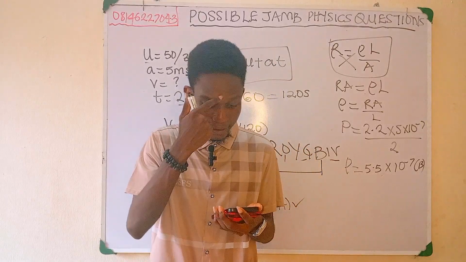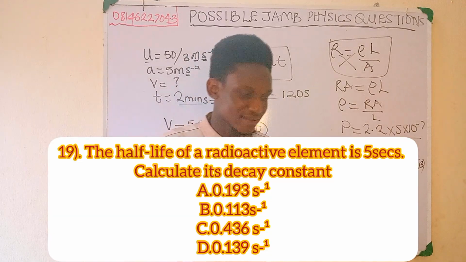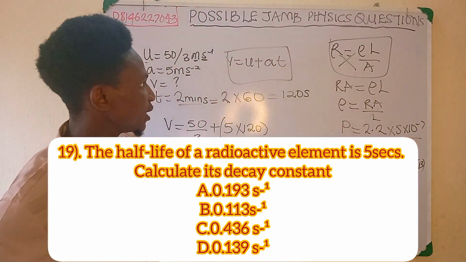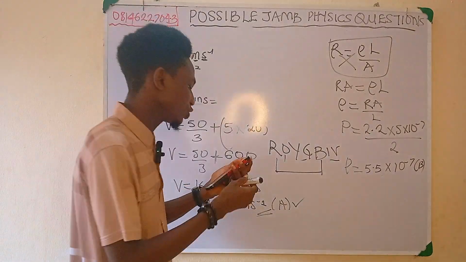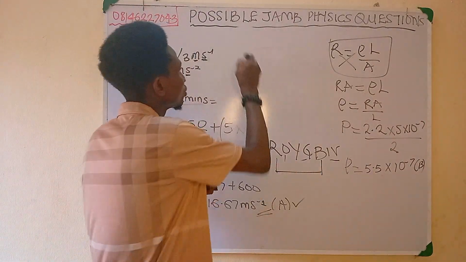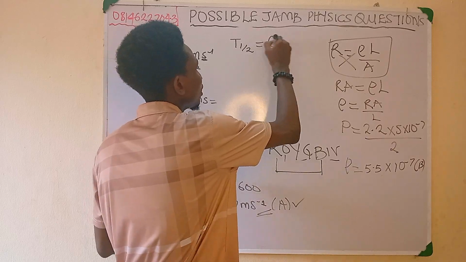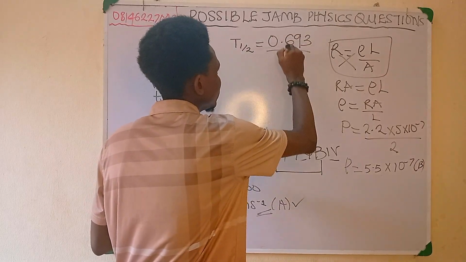Now the next question says the half-life of a radioactive element is 5 seconds. Calculate its decay constant. Let's quickly run it. What is the connection between half-life and decay constant? The half-life equals 0.693 divided by the decay constant.